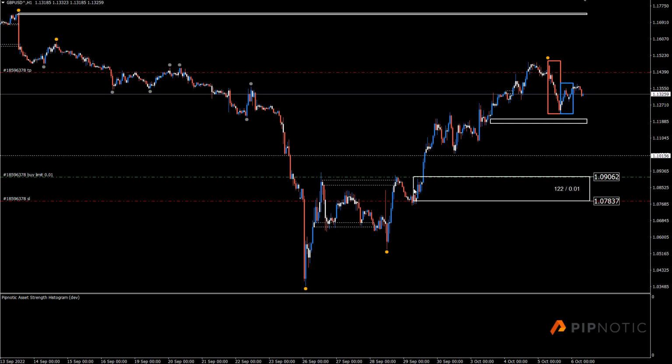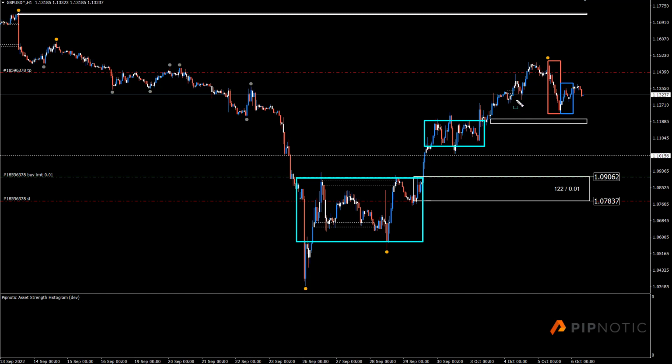When you're down here, this is expensive. But now this is cheap relative to this, and so you can always refer to these periods of consolidation that are so clear on a chart. We have a pretty big one here, then price going up to this one here, and then we have something here.